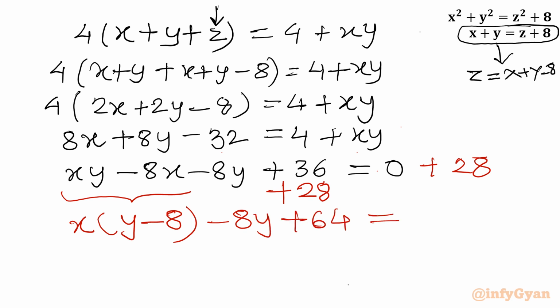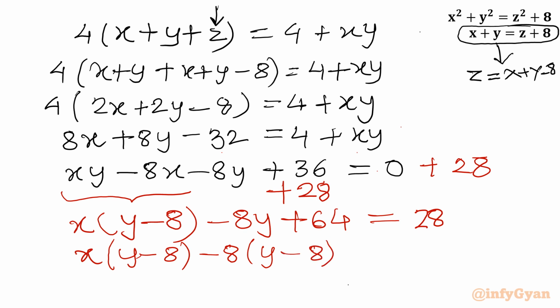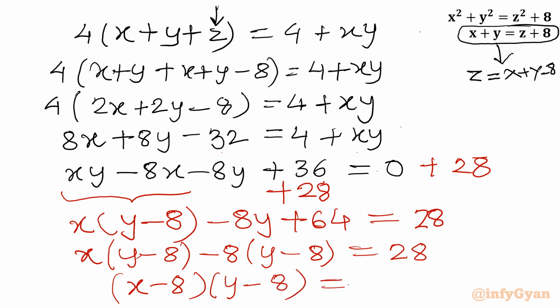Now I will take minus 8 common, and it will be the same bracket, y minus 8. So I can write x times y minus 8, take minus 8 common, we'll get y minus 8 again, equal to 28. So we can write the factors as x minus 8 and y minus 8, and the RHS will be 28.